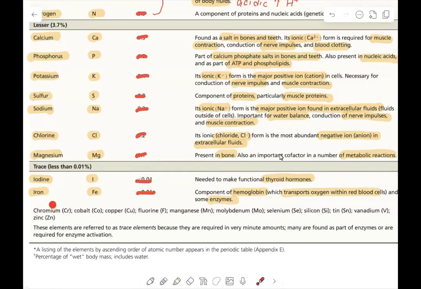Some of these minor ones, you don't need to worry about those. It's just the ones that are on this table. So again, these are some exceptions like iron. It's not IR, it's Fe because it comes from the Latin word ferrous. But you need to know the atomic symbol for iron is Fe.